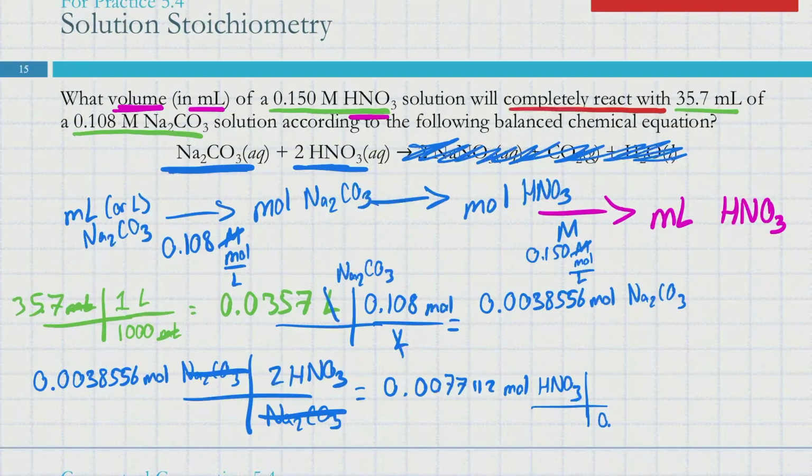So we're dividing 0.150 moles. Liters flips to the top. 0.051408 liters HNO3, which would turn into 51.4 milliliters HNO3. We multiply by 1,000 to get it back.